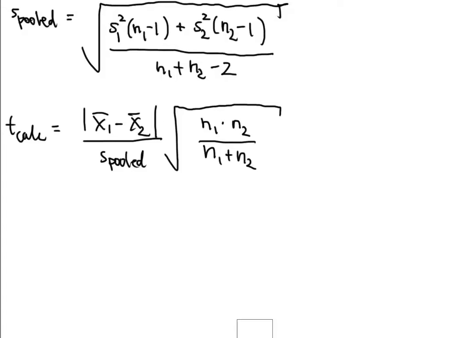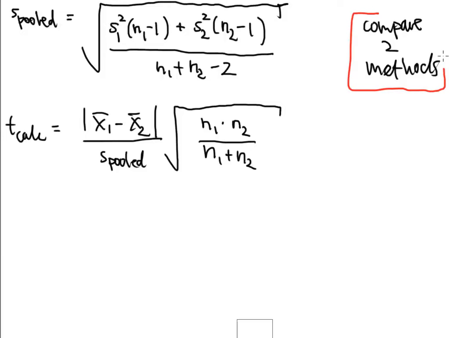And this was the equation that we just learned. We use this equation to compare two methods. Okay, I'm going to say that again because it's important. This is used to compare two methods. We have one method that has its own average and standard deviation associated with it, and we have another method that has its own average and standard deviation associated with it.